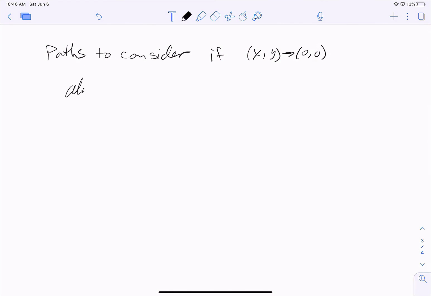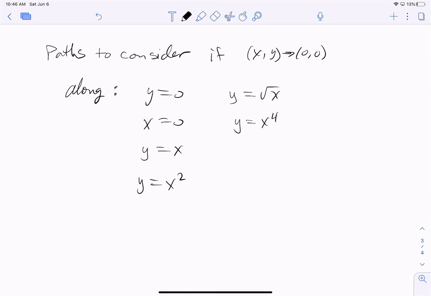We can find limits along y equals 0, x equals 0, y equals x, y equals x squared, y equals the square root of x, y equals x to the fourth. These are common paths that we can consider in finding limits, and you'll see some examples of those as we move on. One of the keys, though, is to keep in mind that all of these paths contain the point (0, 0). I must use a path that's going to contain the point of interest.